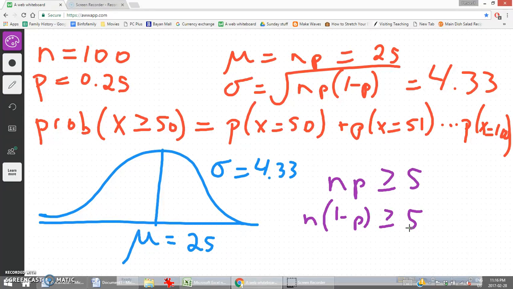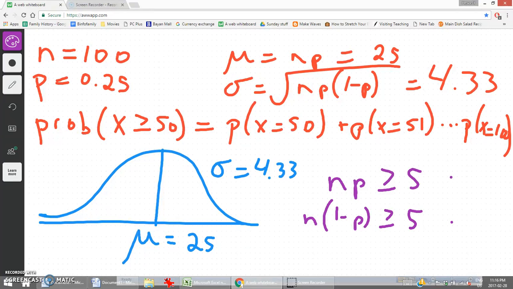So if we calculate n times p, we know that that equals 25, which is greater than 5, and for the second condition, n times 1 minus p, n being 100, 1 minus p being 0.75, would also be greater than 5.